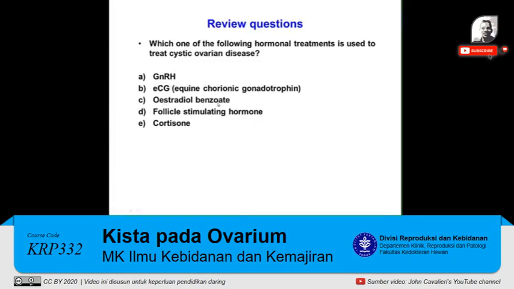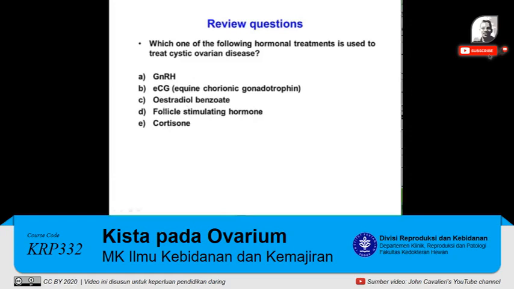Estradiol benzoate, theoretically, might be useful because you can induce an LH surge provided that the hypothalamus is responsive. However, in a lot of these cystic cows the hypothalamus has a reduced sensitivity to estradiol, so I think it's better to use something such as gonadotrophin releasing hormone.